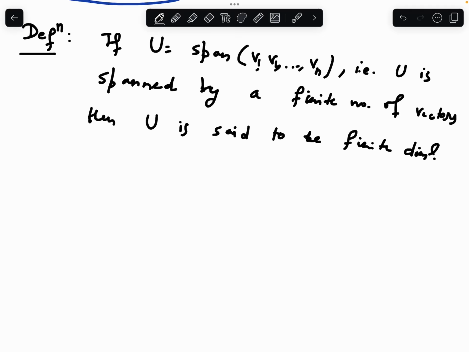So here U is spanned by n vectors, that is, a finite number of vectors. So U is finite dimensional. Otherwise, infinite dimensional.